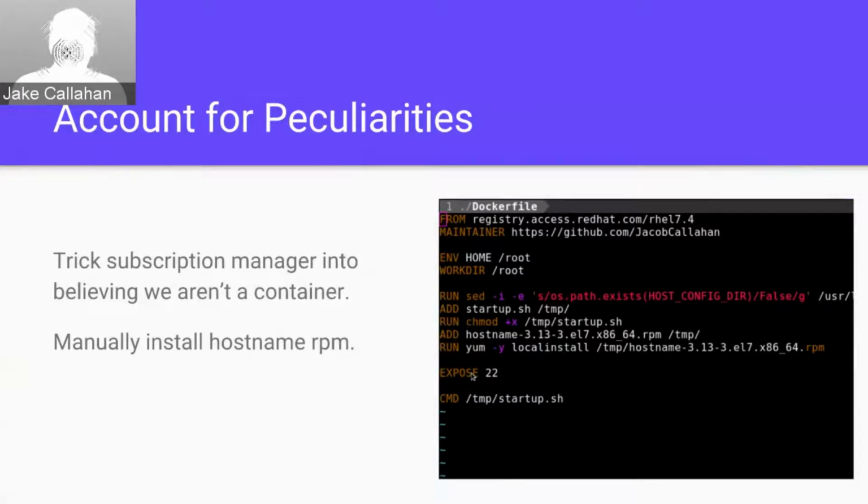From there, I exposed port 22 in case I wanted to do any type of remote execution against the container image. And then finally, we see that the command is running the startup script that we also added.